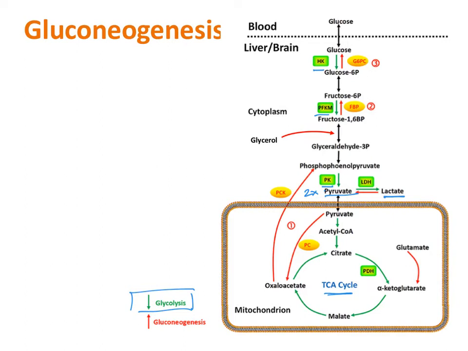Sometimes, however, we need to build glucose. And in order to do that, we can, in essence, run glycolysis backwards in a process called gluconeogenesis. You can see that lactate can come back into this cycle to produce pyruvate, and then we'll run glycolysis backwards.